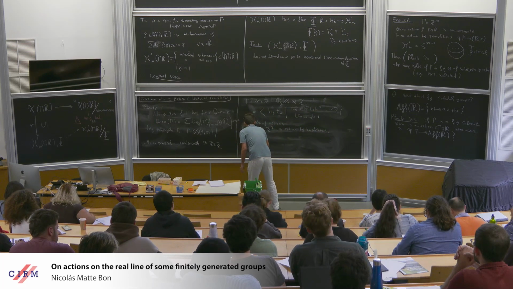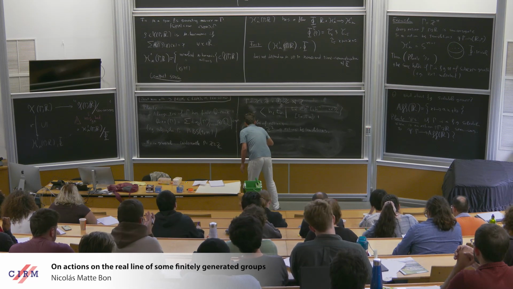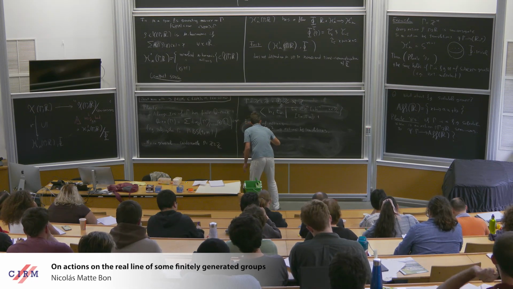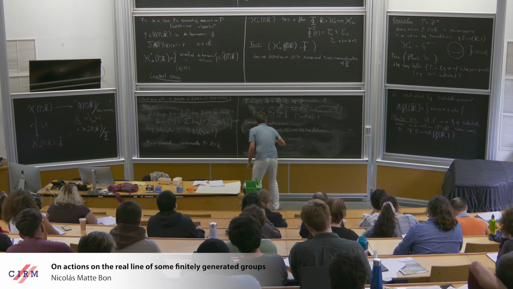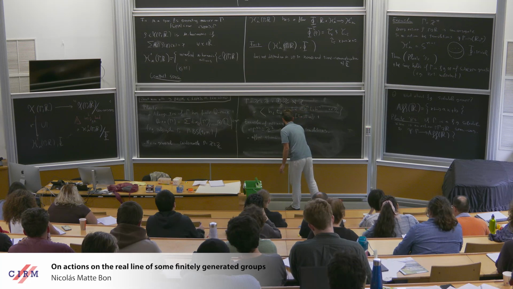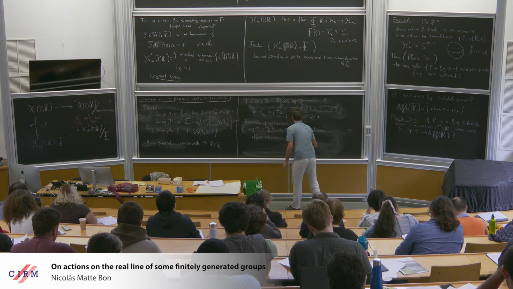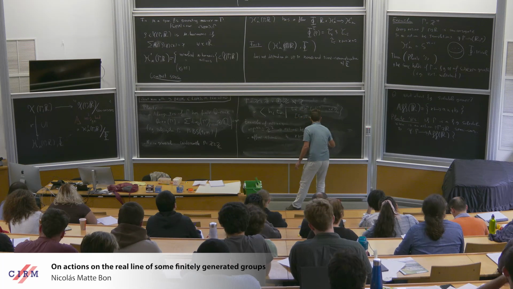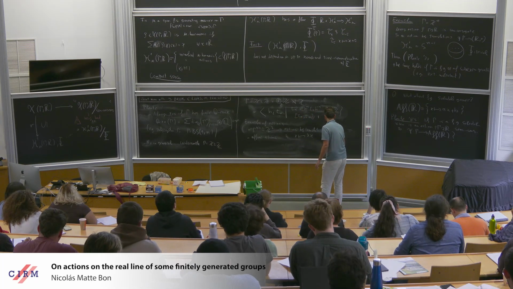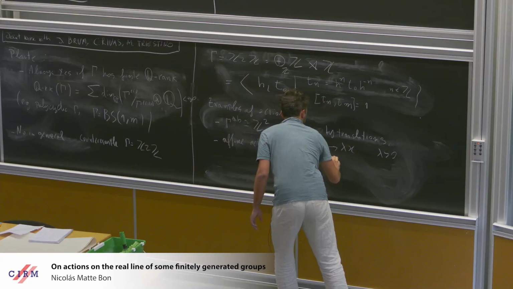Next, you have a family of non-abelian affine actions. And how do you do that? You map H to any homothety of the real line, and T0 you map to any translation.